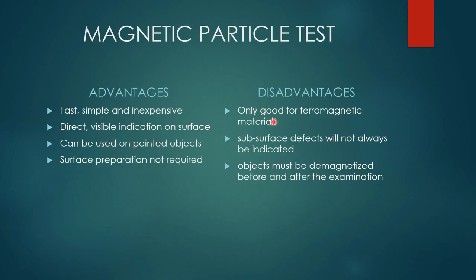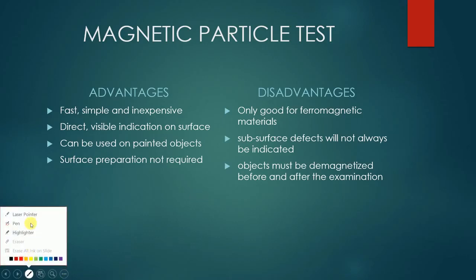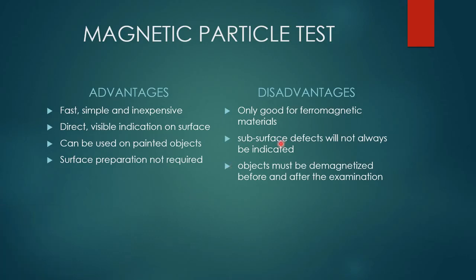Now disadvantages. It is only good for ferromagnetic materials, because only ferromagnetic materials can pass the magnetic fields. So it is applicable to ferromagnetic materials only. Diamagnetic material will not be applicable to this particular test. Okay, next, subsurface defects will not always be indicated.